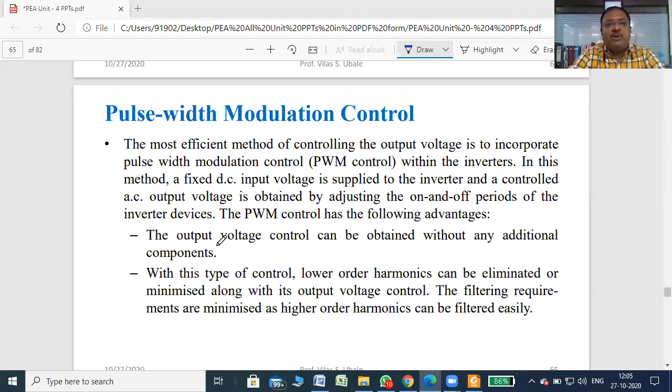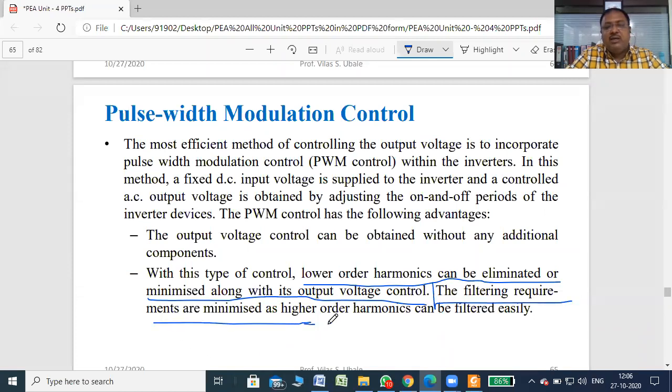Okay, so PWM control has the following advantages. The output voltage control can be obtained without any additional components, and with this type of control, lower order harmonics, this is another advantage, can be eliminated or minimized along with the output voltage control. The filtering requirements are minimized as higher order harmonics can be filtered easily.